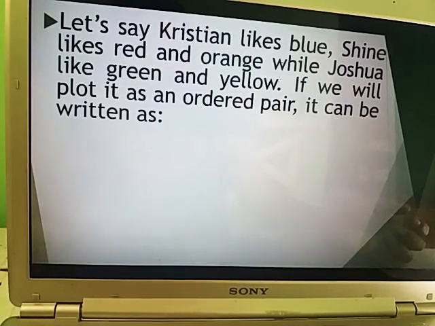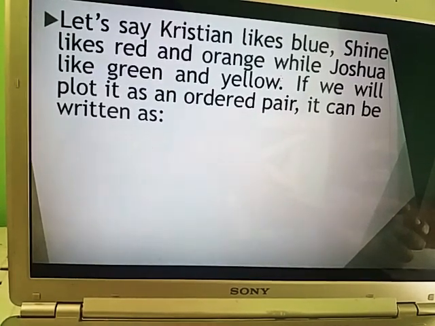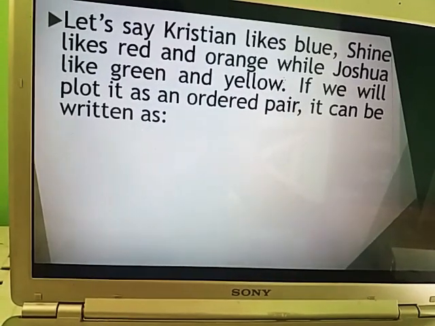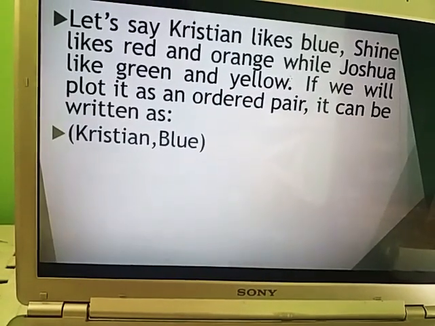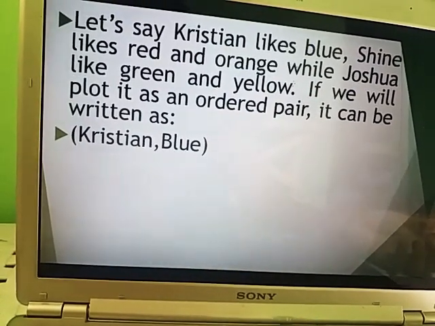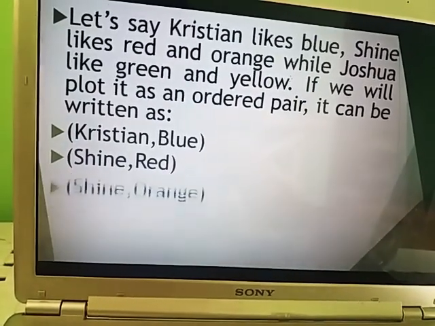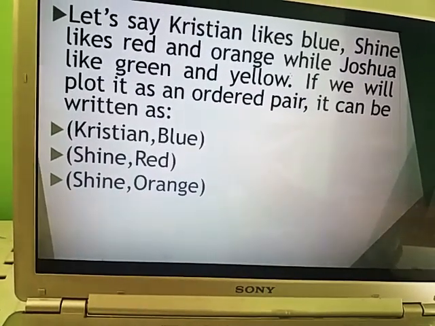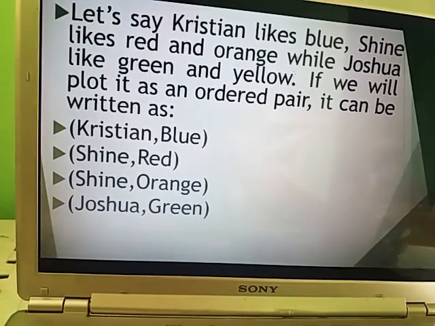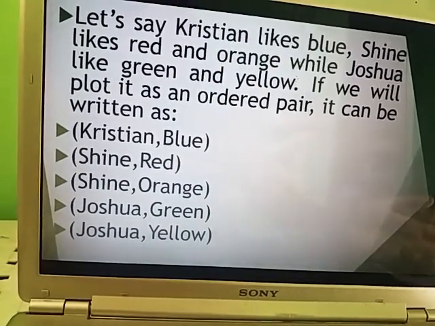If we plot this as an ordered pair, it can be written as Christian and blue, Shine and red, Shine and orange, and Joshua and green, Joshua and yellow.